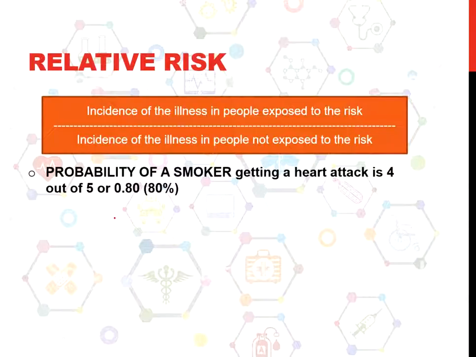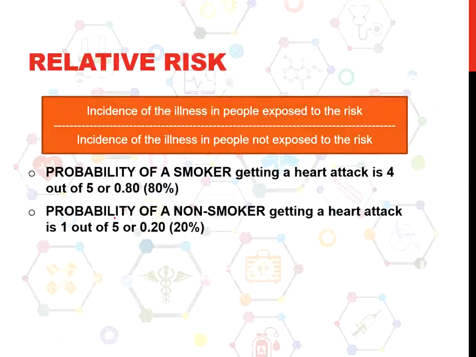Probability of a smoker getting a heart attack is 4 out of 5 or 0.8, which is 80%. And the probability of a non-smoker getting a heart attack is 1 out of 5, which is 0.2 or 20%. Okay, so ito yung na-compute natin kanina na probability naman. So, tandaan. Odds ratio, odds lahat yon. Relative risk, ang ating gamit is the probability.